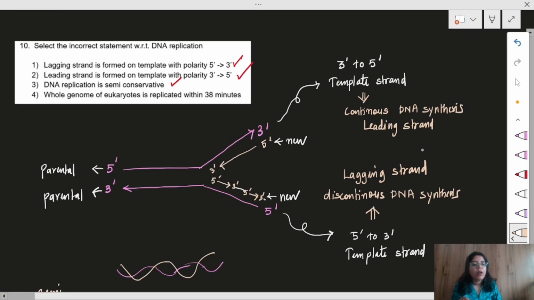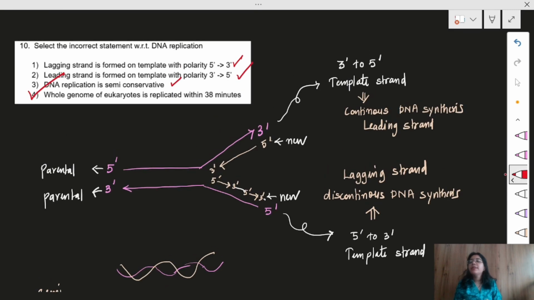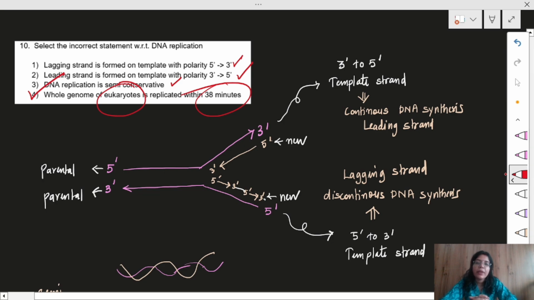Okay. Only one point is wrong here, that is, the eukaryotic genome is replicated within 30 minutes, which is absolutely vague. We cannot consider this as correct, because if you have learned the cell cycle and cell division chapter, it takes 24 hours for a human cell to complete its cell division, right? If it is taking 24 hours for cell division, 95% of that time is in interphase, and one of the most important phases of interphase is S phase, during which all this happens, right?